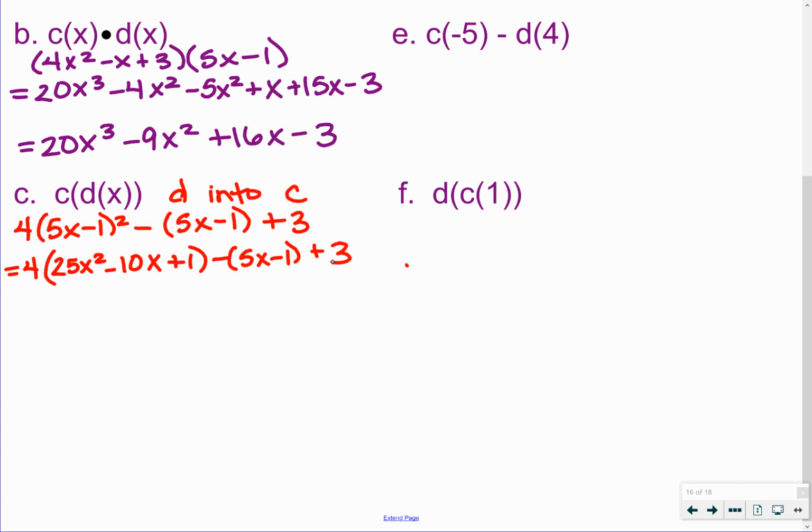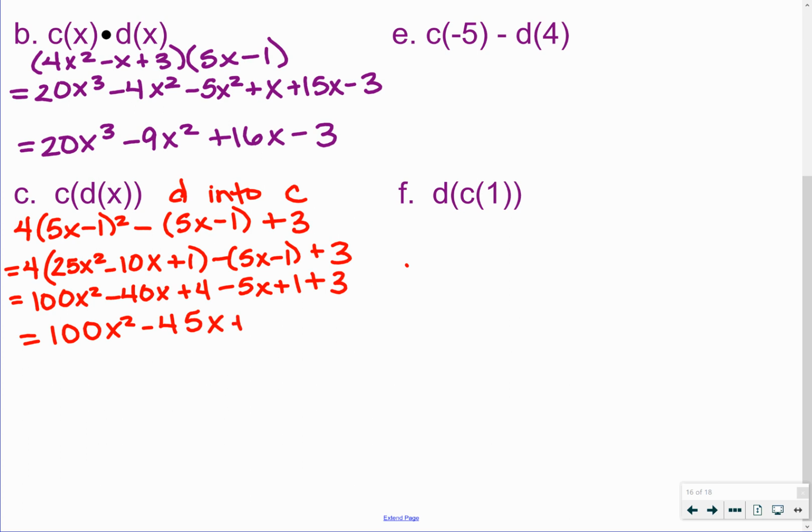Now you may distribute: 100x squared minus 40x plus 4 minus 5x plus 1 plus 3. And combine your like terms. 100x squared minus 45x plus 8, when I put all my like terms together.